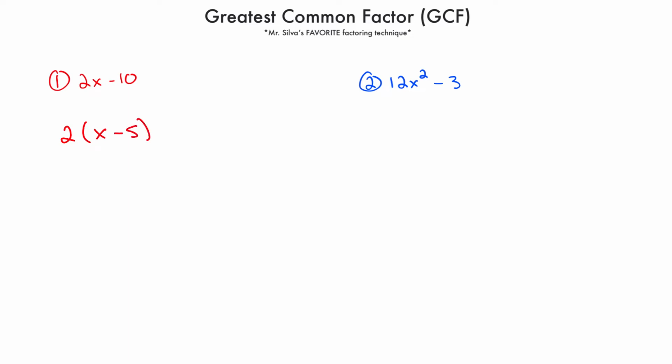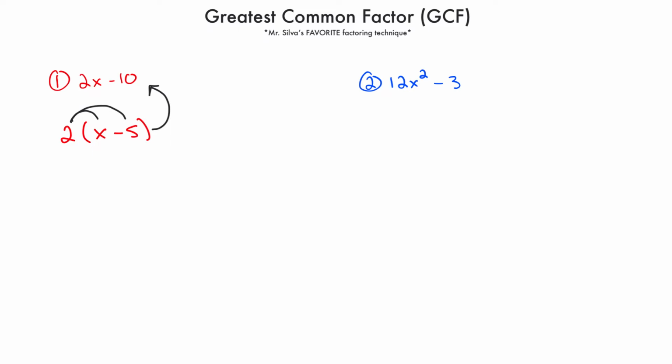GCF is just the distributive property, just backwards. So the distributive property, we normally distribute this 2 to both terms. And that would give us the 2x minus 10. GCF is just the reverse of that process. And you'd be surprised at how often that is useful.